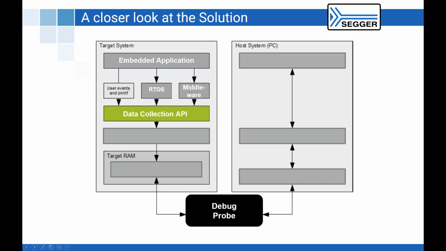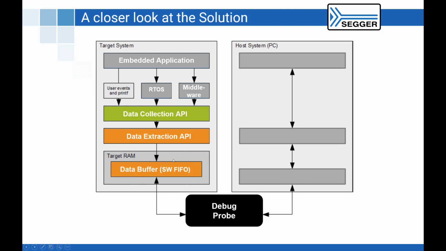So via an API, the data needs to be collected and then passed over to an API that is responsible for the extraction of the data. And that would put that data into a data buffer on the device in the RAM.